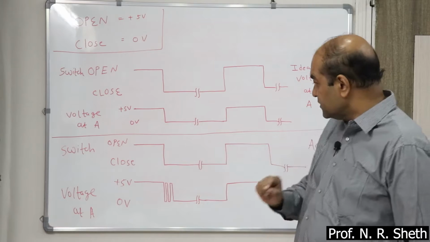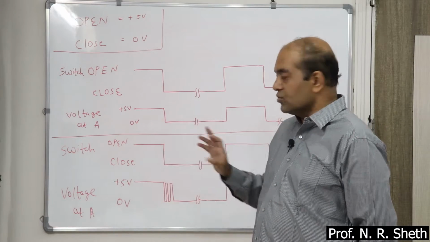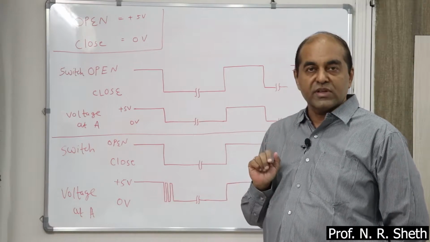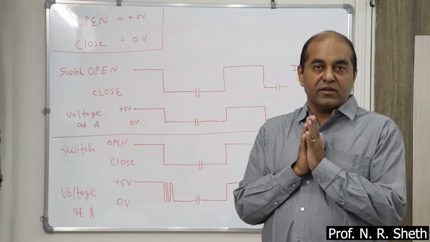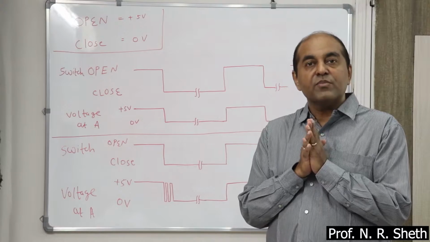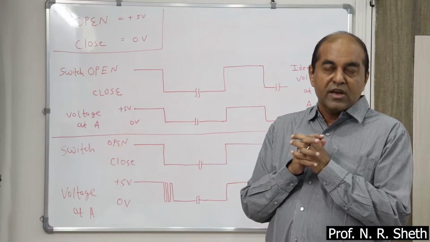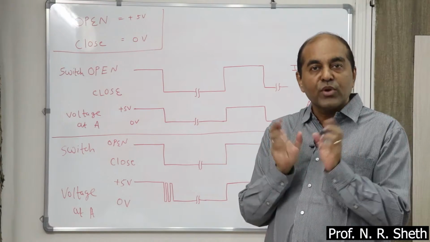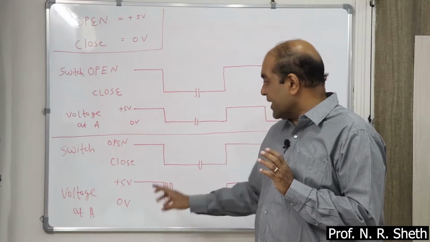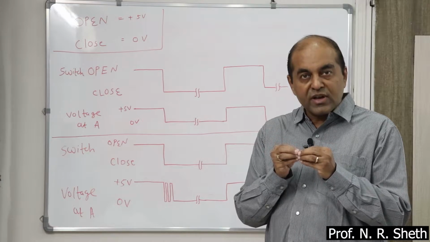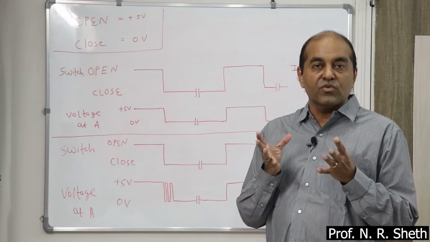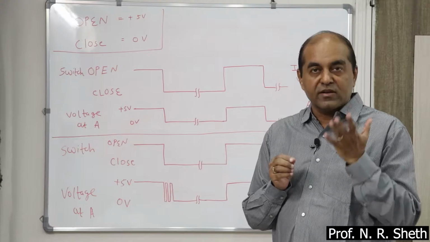Now what happens when the switch is closed? When you close the switch, there is contact with the spring and a pushing and pulling action takes place. Because of this pushing and pulling action, the contact is established as well as removed, and that produces a spike.